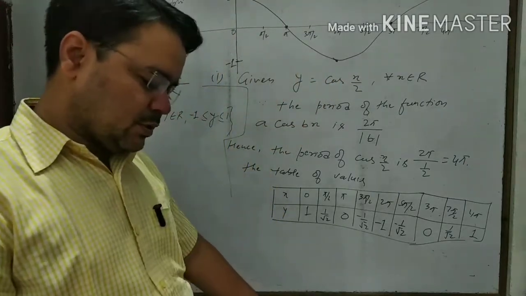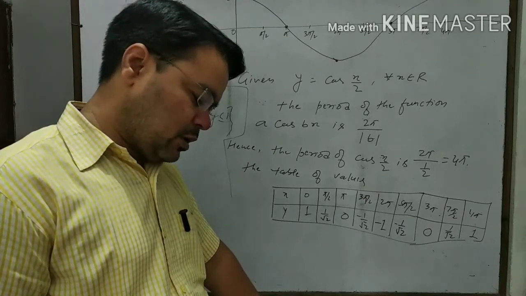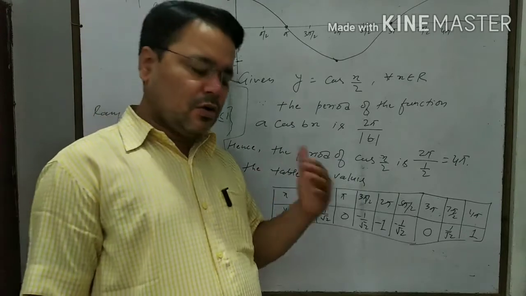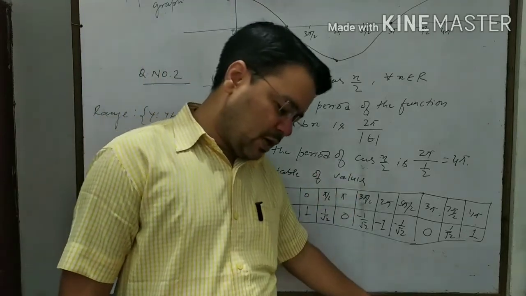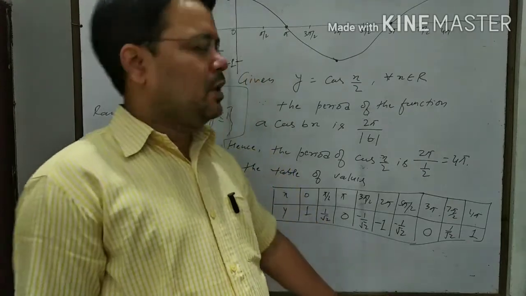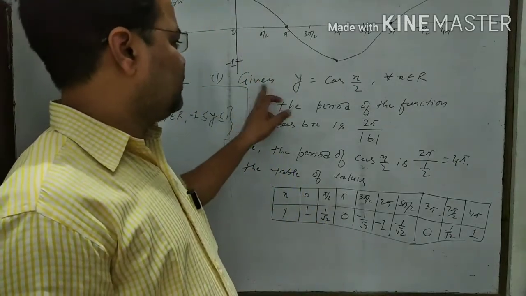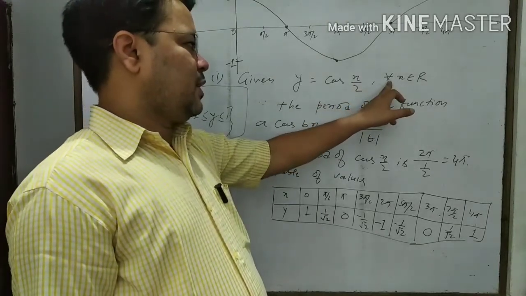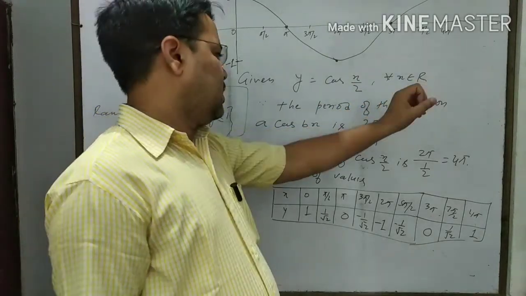The first question is, draw the graph of the following function, and the first one is cos x by 2, and also write their range and period. So here given y is equal to cos x by 2, for every x belongs to real numbers.